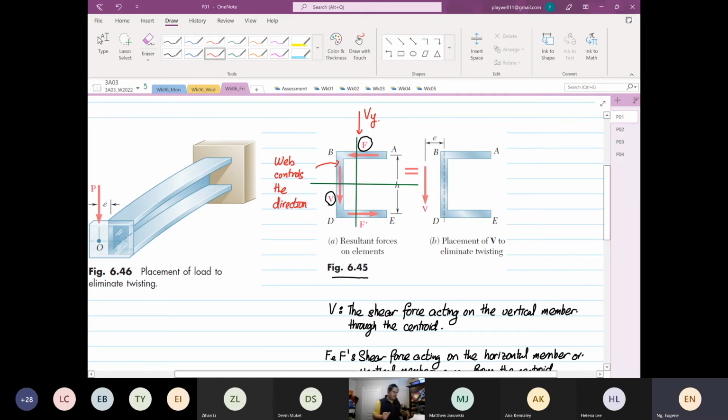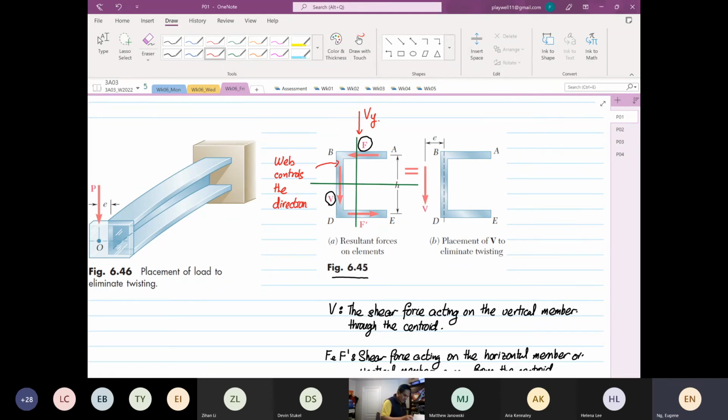Still the same thing. By the way, it is from looking at unsymmetrical shear in how they analyze. That's where I also teach you how to design the shear flow in thin wall analysis and also in non-thin wall. So we design the shear flow over here. We design the shear force. Again, the web controls. That's why the flow is in that direction.